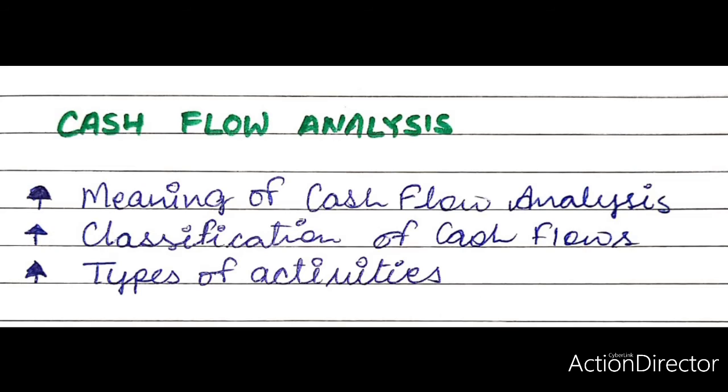As per Accounting Standard 3, the changes resulting in cash inflows and cash outflows arise on account of three types of activities, that is, number 1, operating, number 2, investing, and number 3, financing, as discussed further. Cash flows from operating activities.